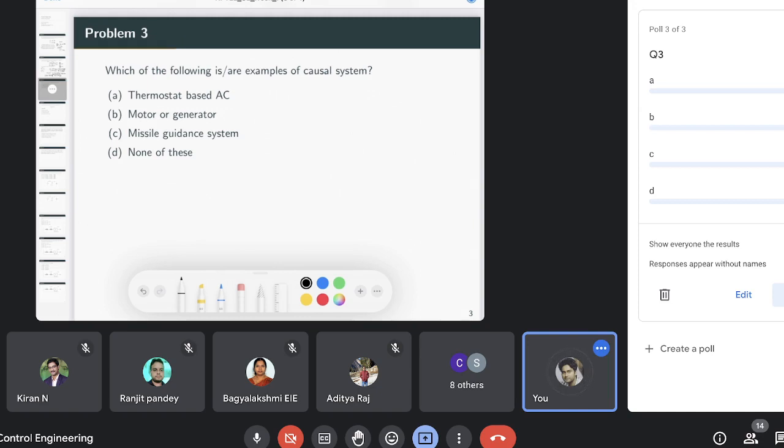Also this is a very basic question, if you know the definition of causal and non-causal system. So you can answer through the poll.